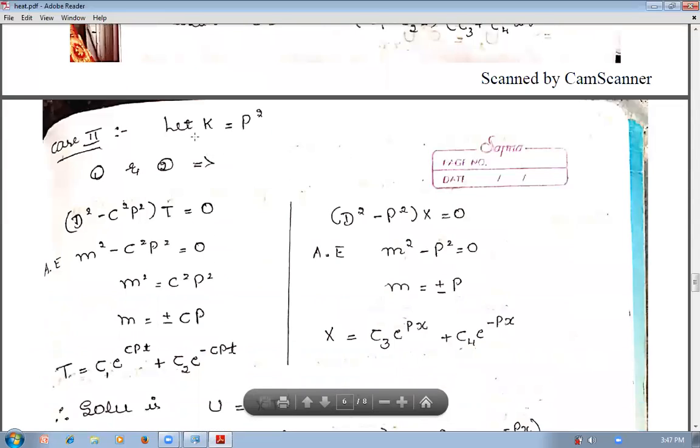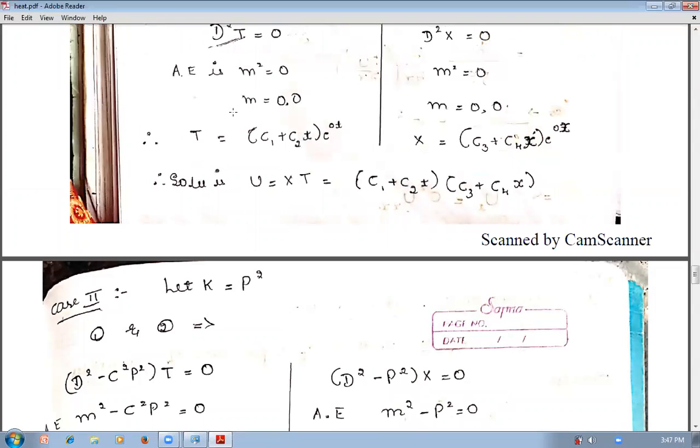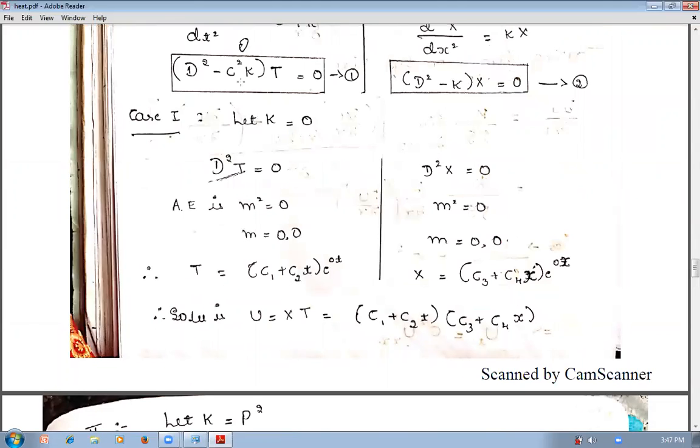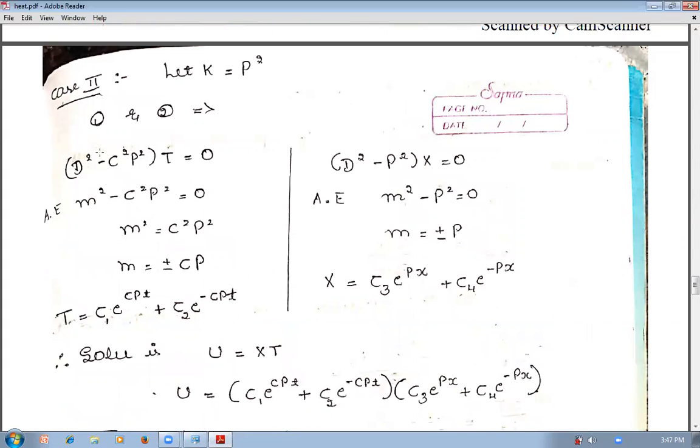Case 2. Take k is equal to p square. Equation 1 implies D square minus c square p square into T is equal to 0, and equation 2 implies D square minus p square into X is equal to 0. Here D square minus c square p square into T is equal to 0.